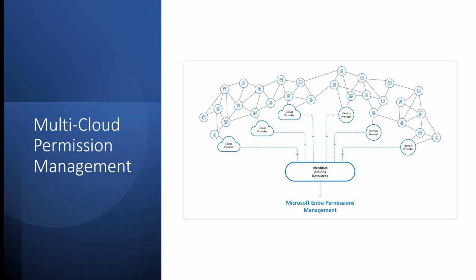So it would cover all three major cloud providers, CSPs, whether it is Azure, GCP or AWS. Obviously, the service runs from Azure, but that does not mean the scope of this permission management is limited to Azure, and that's very interesting to see.